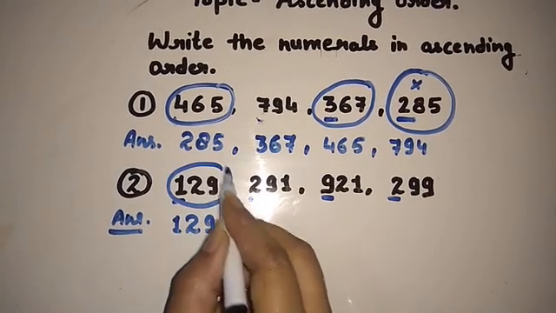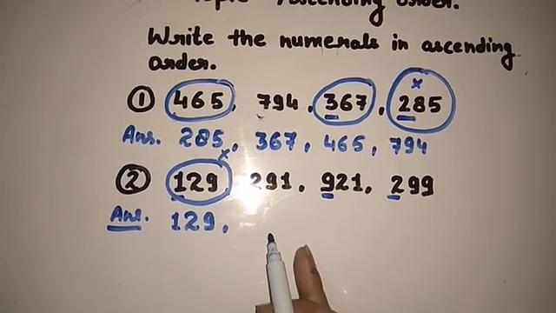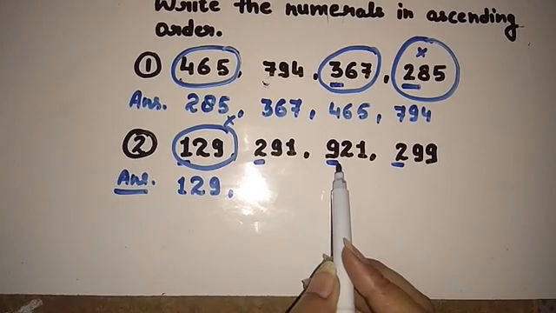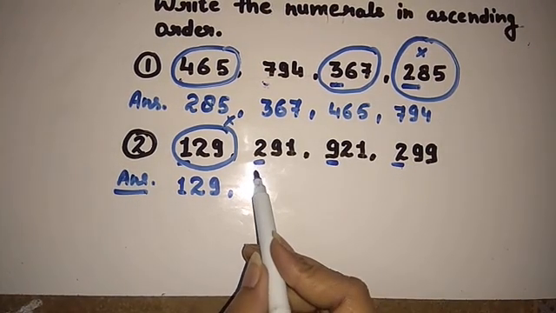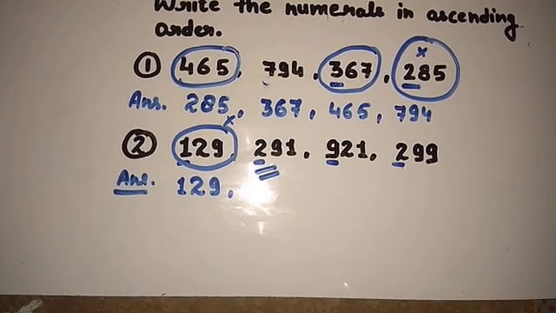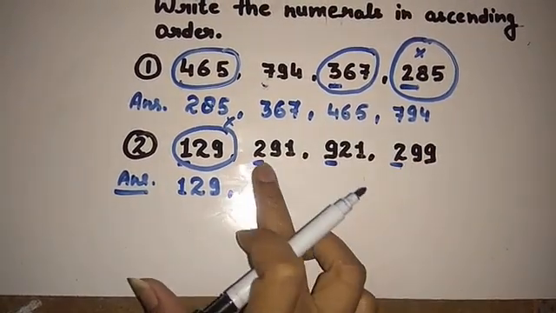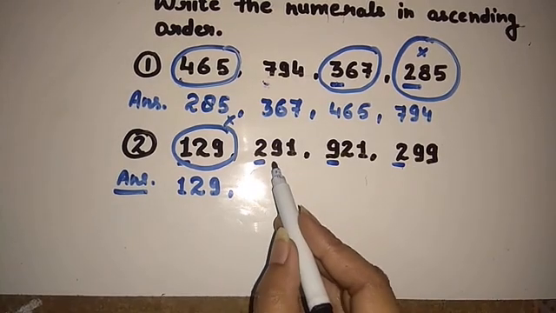So after 129, we have 291, 921, 299. See, here 2 is given and there also. In the hundreds place the digits are the same, so we will check the next place, the tens place.